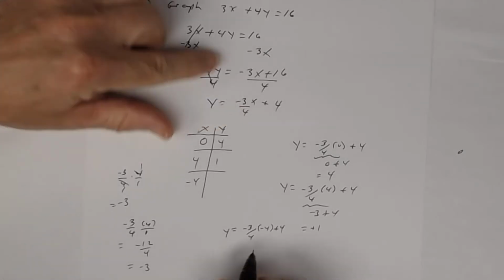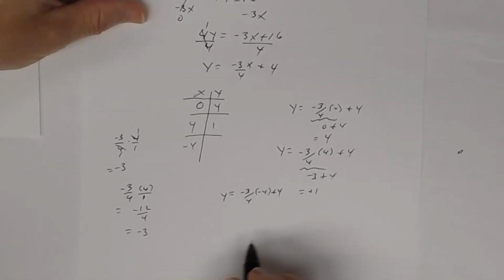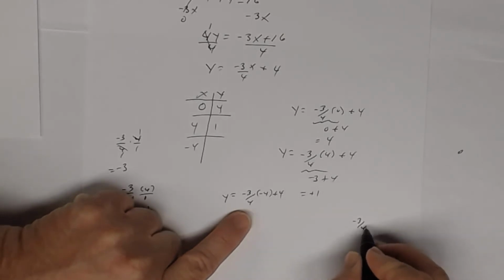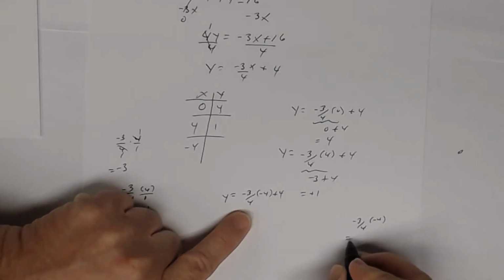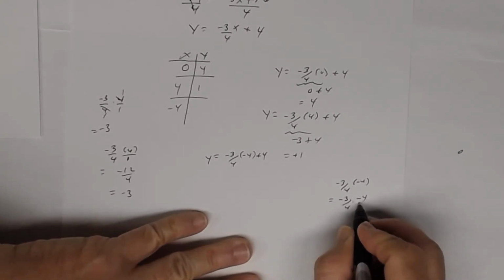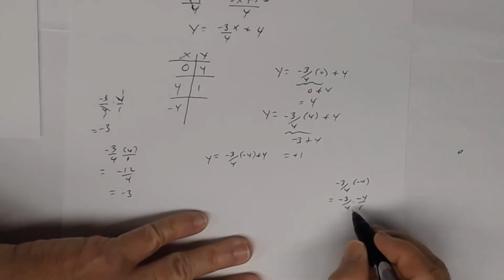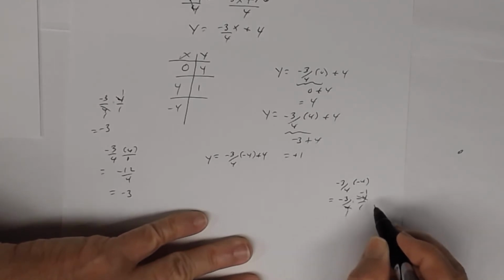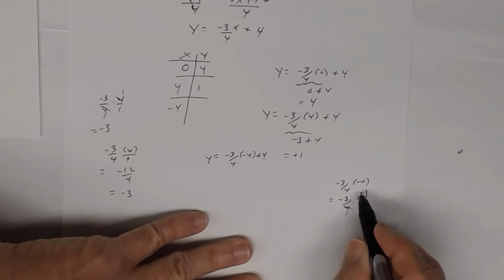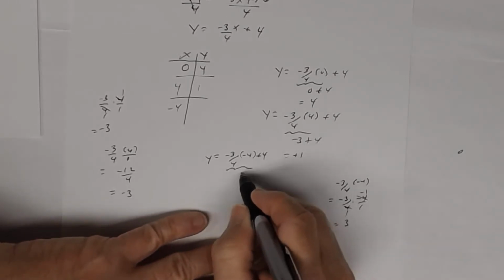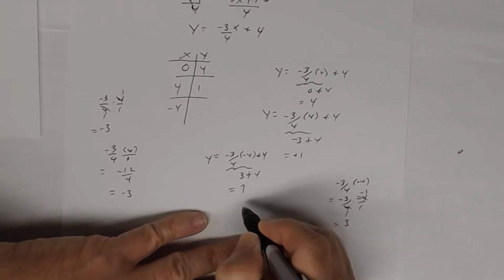Negative 3/4 times negative 4 means the same thing as negative 3/4 times negative 4 divided by 1. Let's reduce. 4 divided by 4 is 1. Negative 4 divided by 4 is negative 1. A negative 3 times a negative 1 is a positive 3. So this is 3. 3 plus 4 equals 7.